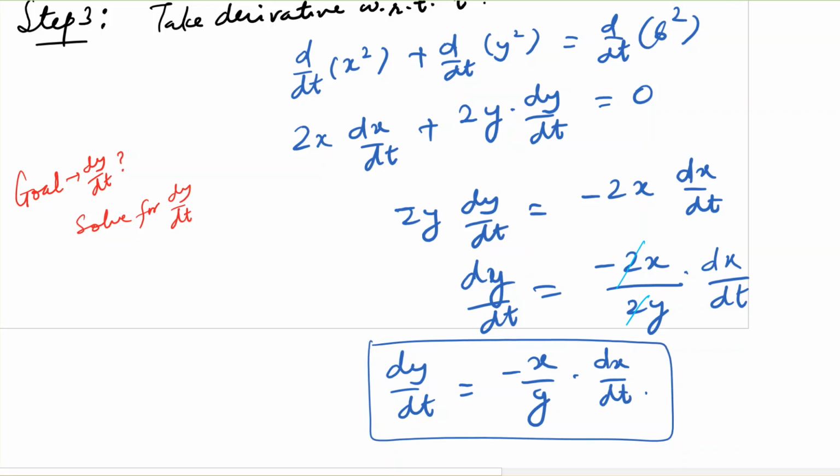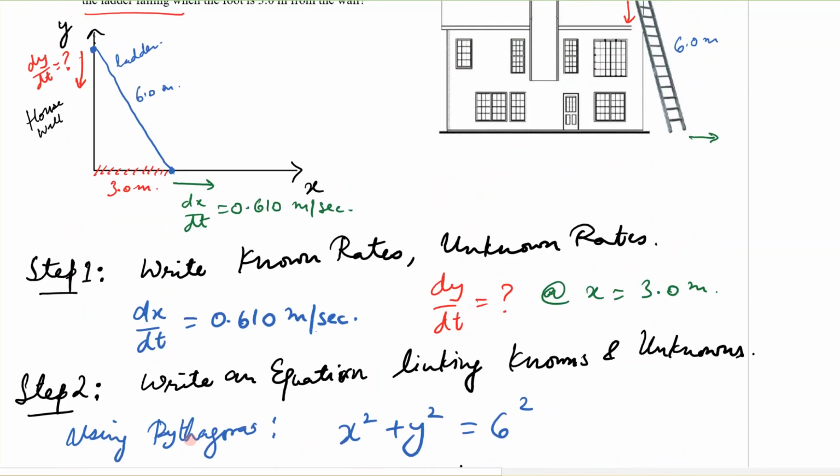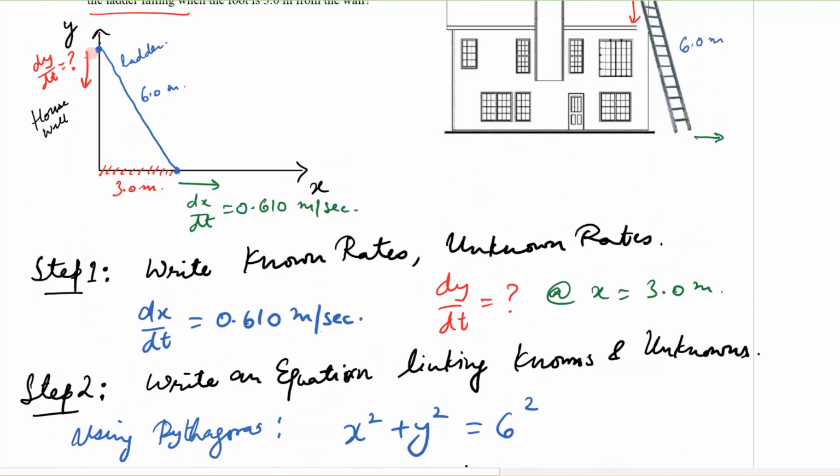So now is a good time to plug in all the given values. Recall that in the beginning we were given that dx over dt is equal to 0.610 meters per second, and we want to figure out dy over dt when x equals 3 meters. So when x is 3 meters, what is the value of y?